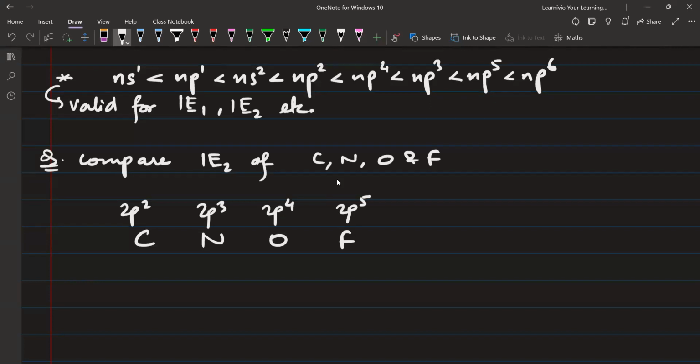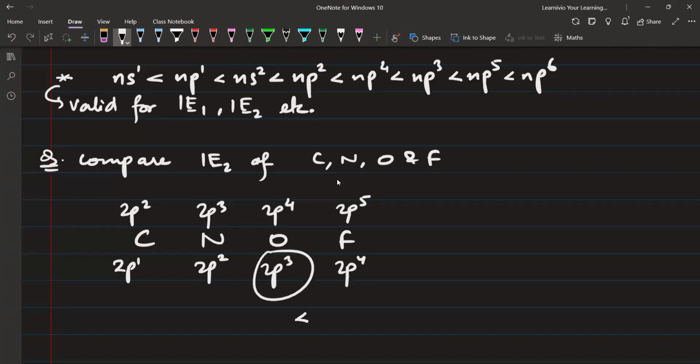Because we are going to calculate the second ionization enthalpy, we have already removed one electron. So we have to look at 2p1, 2p2, 2p3, and 2p4. How difficult is it to remove the 2p1 electron compared to 2p2, 2p3, and 2p4? 2p3 will require the highest energy because it's half filled.